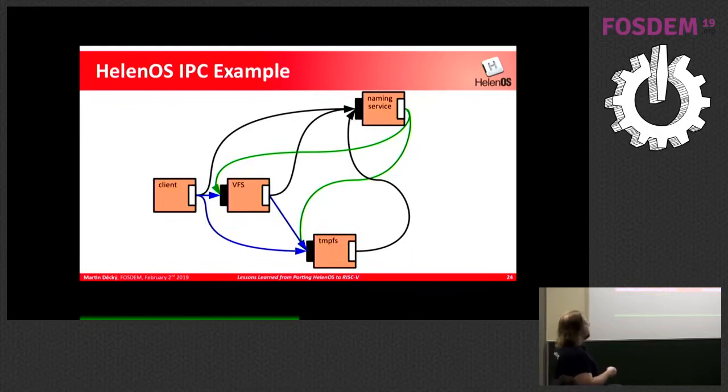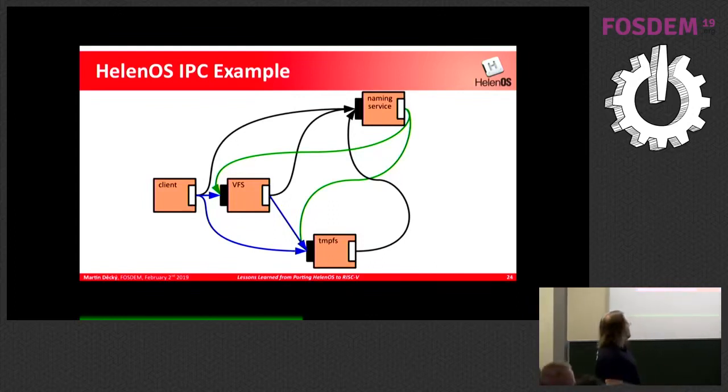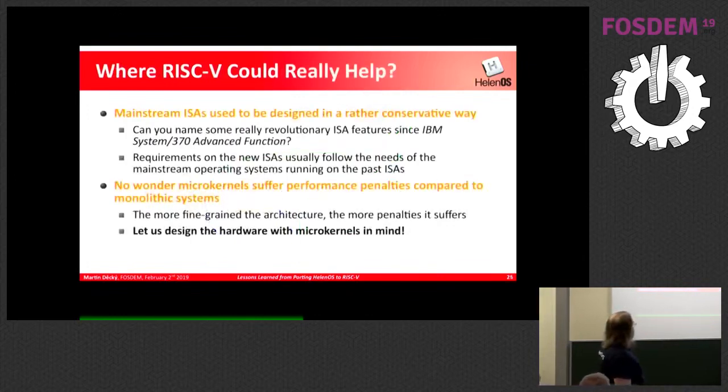Then you need to talk to the file system driver. Then potentially this file system driver will forward you to a block device driver and so on. So you have this overhead of the IPC between those isolated components. The isolation has its cost. And the question is whether it has to be like that.